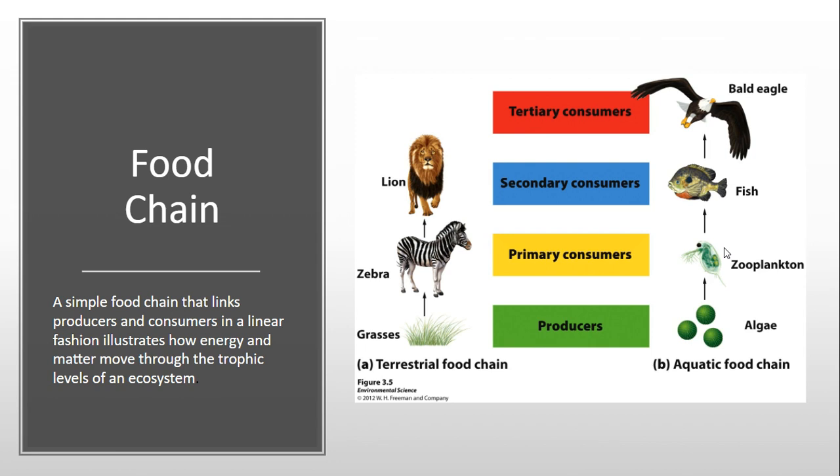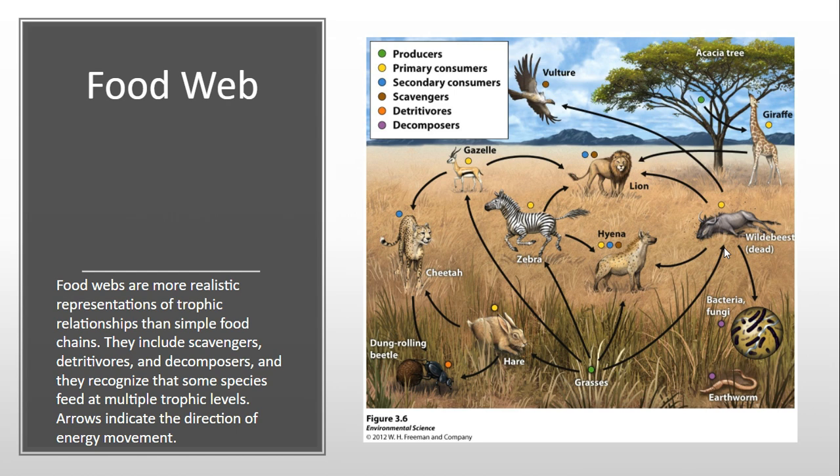Specifically about food chains, a simple food chain just links our producers and consumers in a linear fashion. It shows us how energy and matter might flow through levels of an ecosystem. Versus our food web, which gives us a much more realistic representation of our trophic levels.